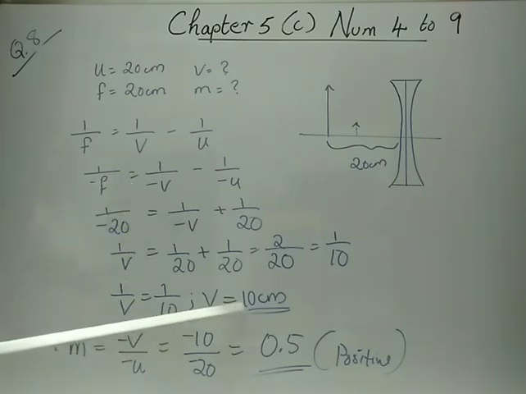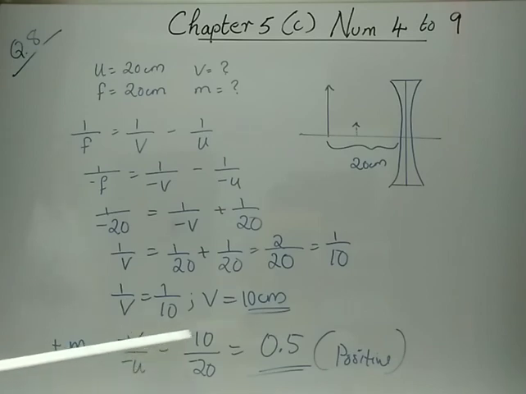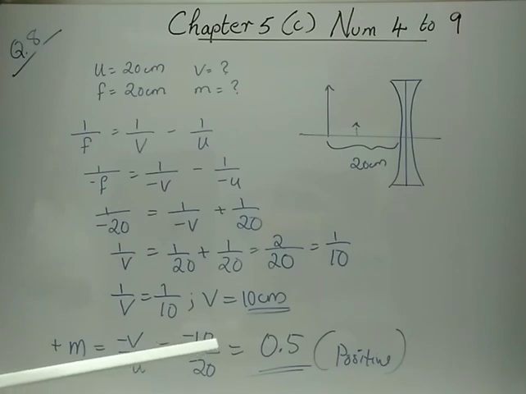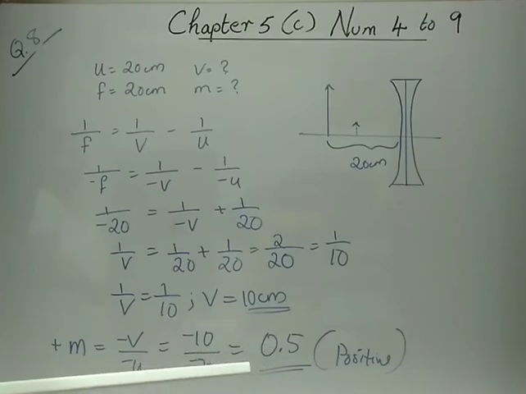So we have negative 10 by negative 20. Negative and negative will cancel. You will get 1 by 10, sorry, 1 by 2. Both 0s cancel, 1 by 2. We are not allowed to write the answer as a fraction, so make it 0.5. As I already told, the magnification is positive for a virtual image. So in brackets you have to write 0.5, positive.